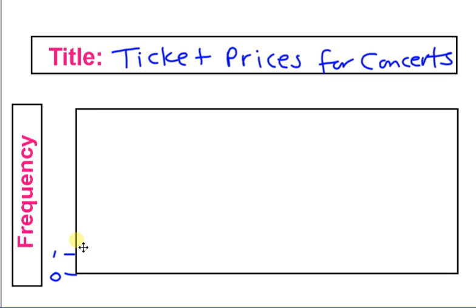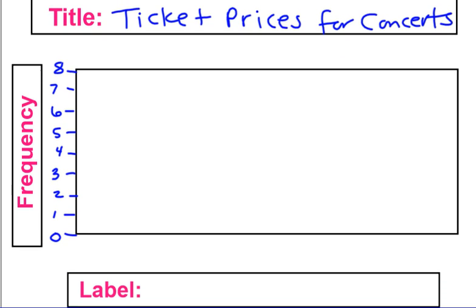So I'm going to go 1, 2, 3, 4, 5, 6, 7, and 8. And if you're able to go higher on yours, that's fine. The key part of this is that you're able to fit the frequencies from the data onto your histogram.